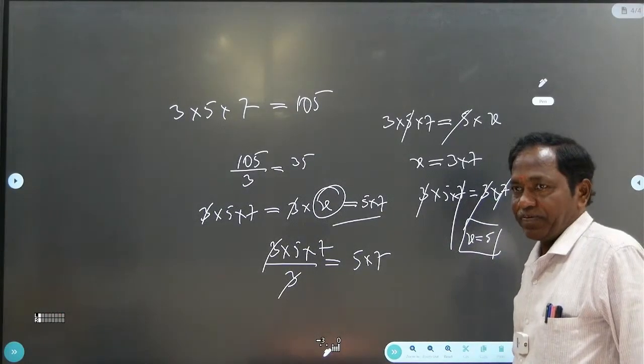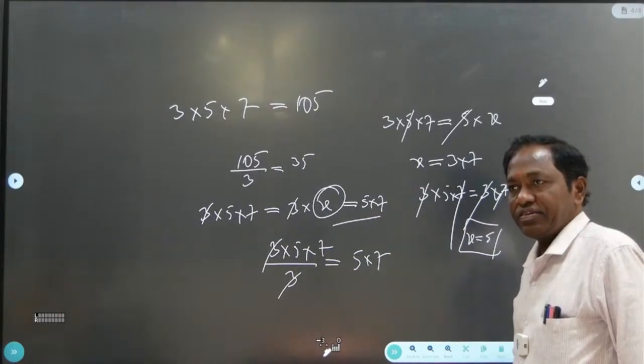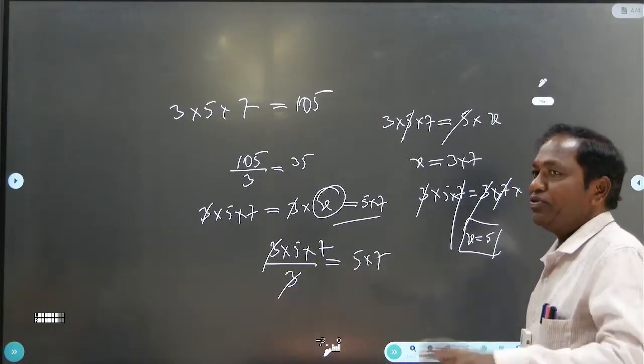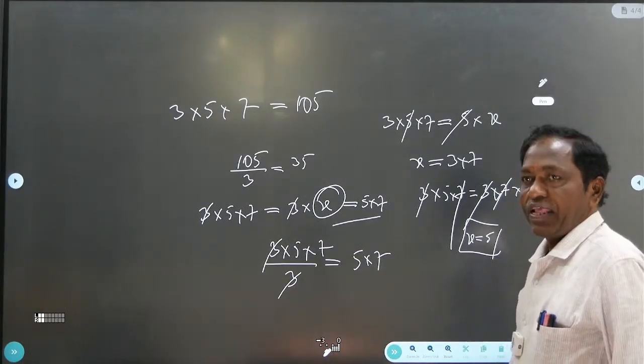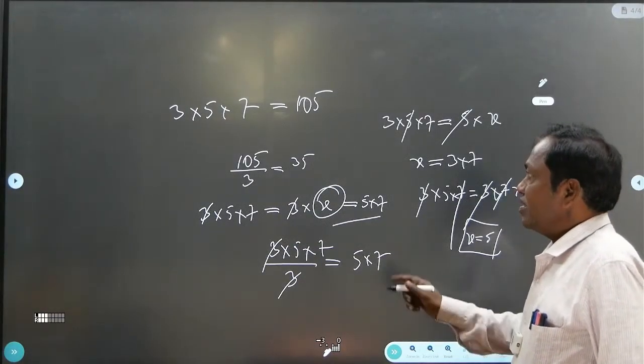This step we need for the exam point of view. You know the LCM, I don't say you don't know. Otherwise you cannot pass the 10th standard exam.